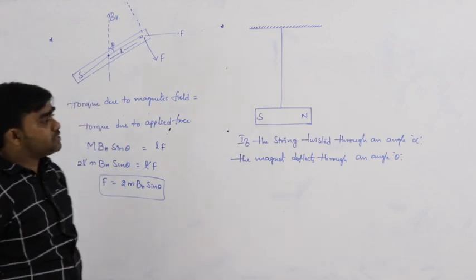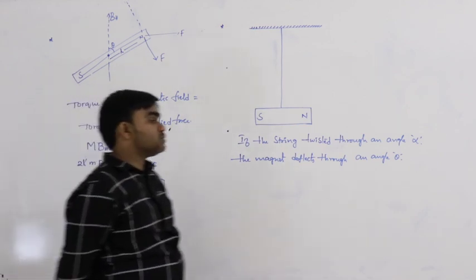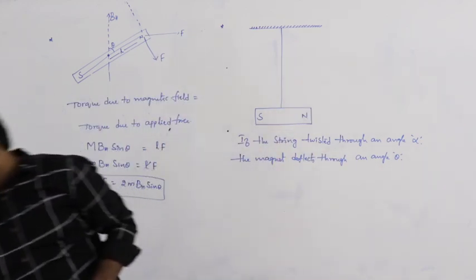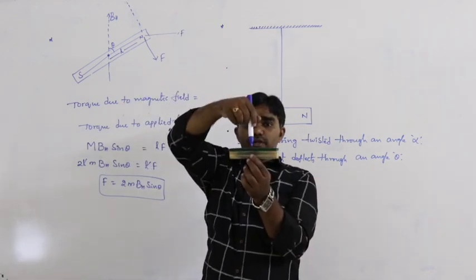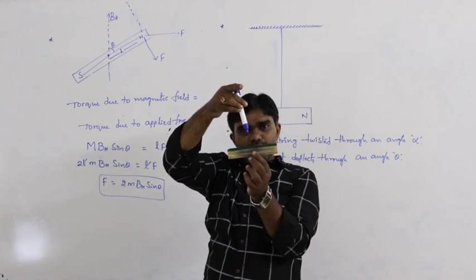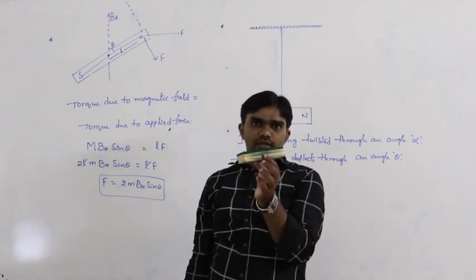Let us say this is the magnet and it is suspended with the help of a string. If the string is twisted through an angle alpha, the magnet deflects through an angle theta.